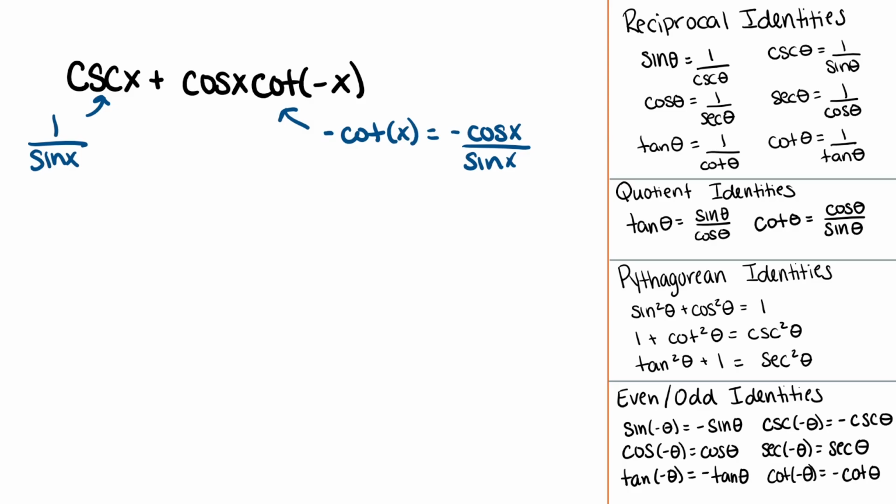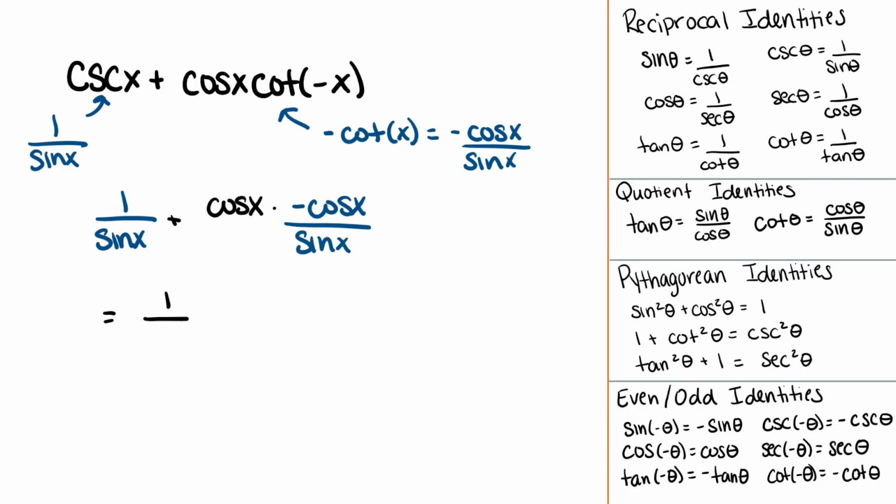So if we rewrite our expression, we'll have 1 over sine x plus cosine x times negative cosine x over sine x. This gives us 1 over sine x minus cosine squared x over sine x.